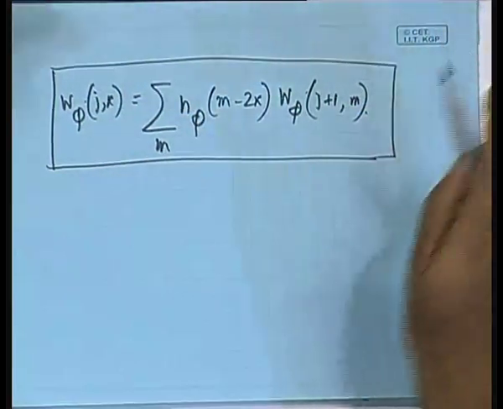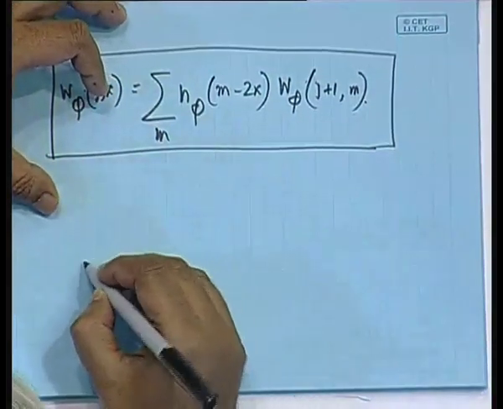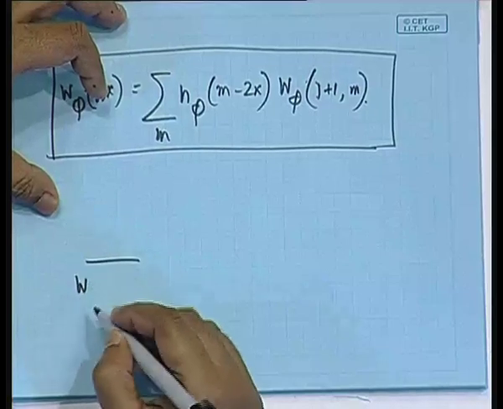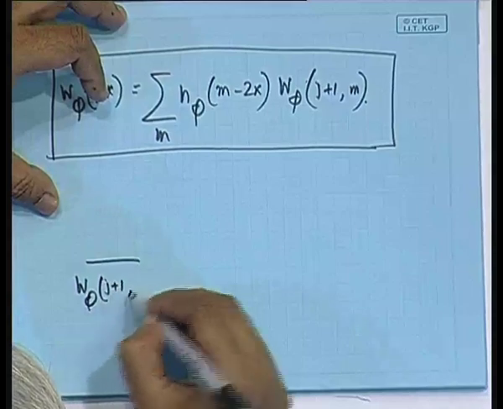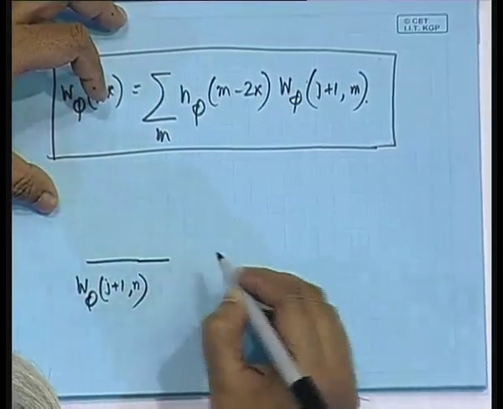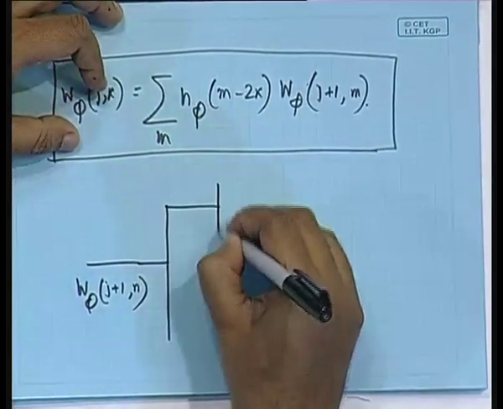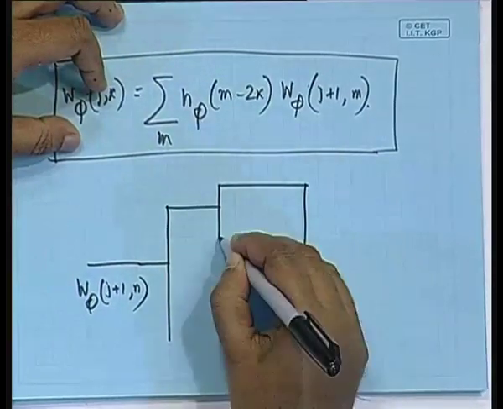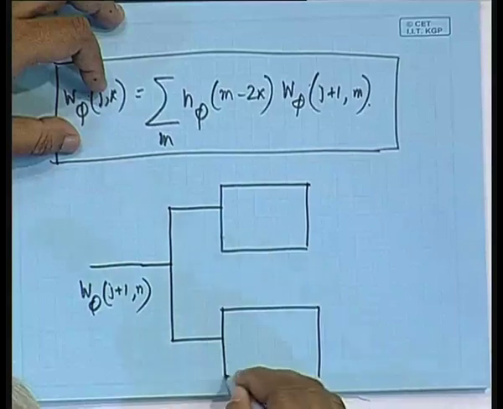So, in the block diagram form, what you can do is like this: W phi j plus 1 comma n, if you take this as j plus 1 n, then you can pass it through two filters. You can call them the analysis filters.